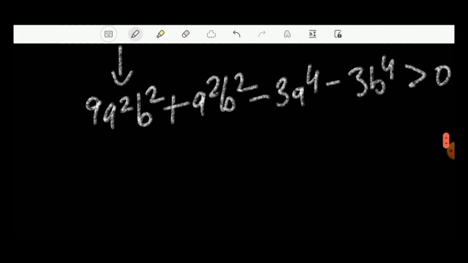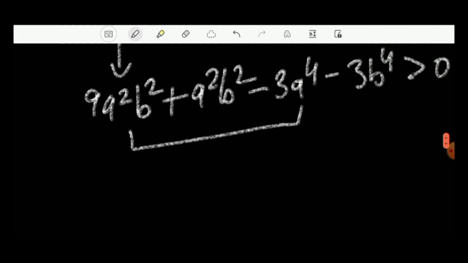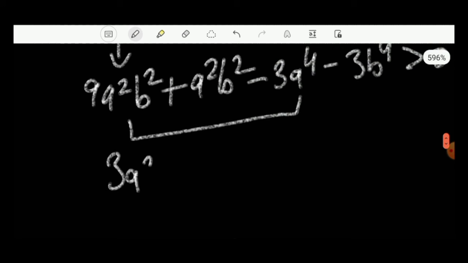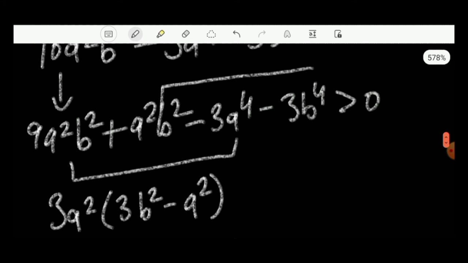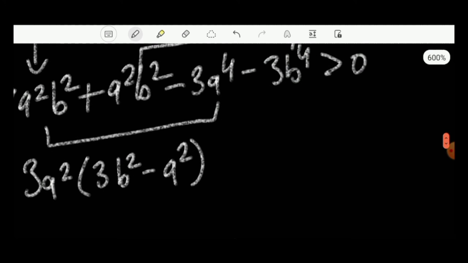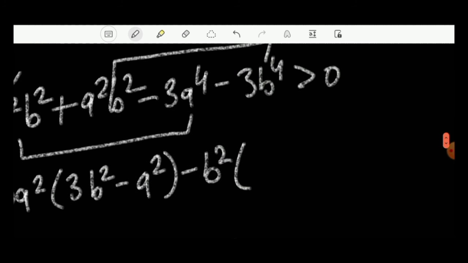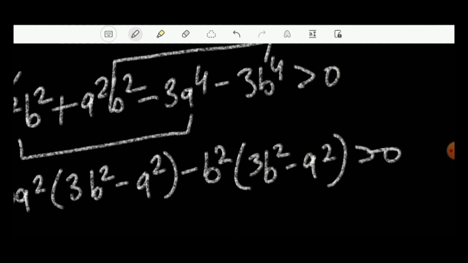And now we can take 3a square common, and 3b square minus a square inside the bracket. Similarly, we can take minus of b square common from both terms, so we'll obtain 3b square minus a square inside the bracket greater than 0.